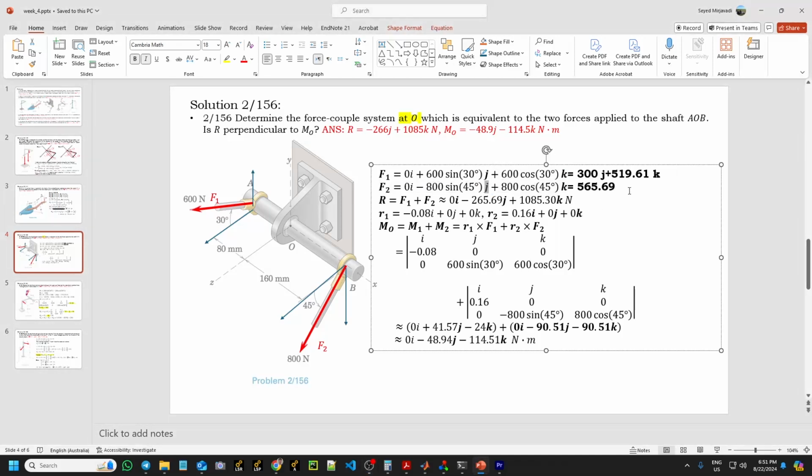Times j, but it has a negative. Remember to put the negative sign here. Cosine and sine of 45 are the same, so this will be the same. And then you will add this too.